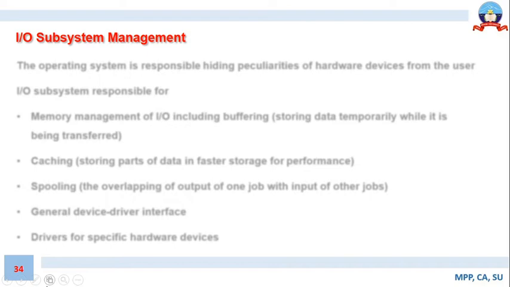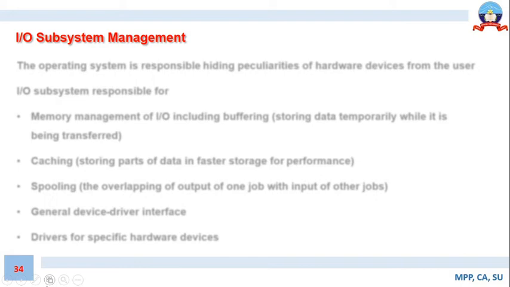We had discussed file system management, memory management, and process management in detail in the previous class. So, continuing further, in today's class, we will discuss IO subsystem management.